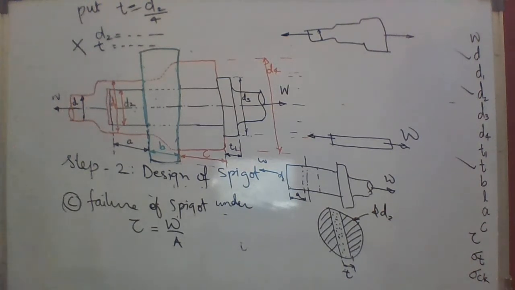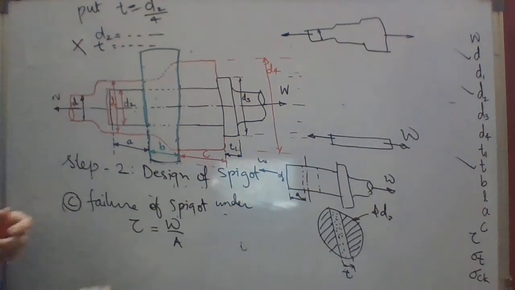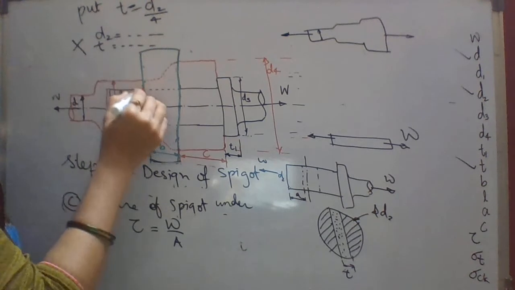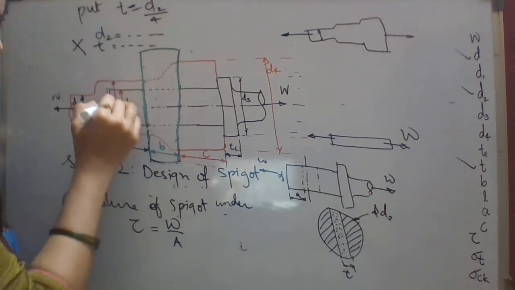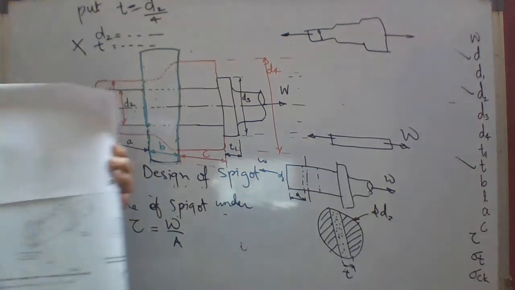So I'll show you the area which is under shear. You can easily see, as the spigot is pulling from that side, this plane may shear off. I'll show you, it's a 3D view. You can see very easily from this diagram of the book.